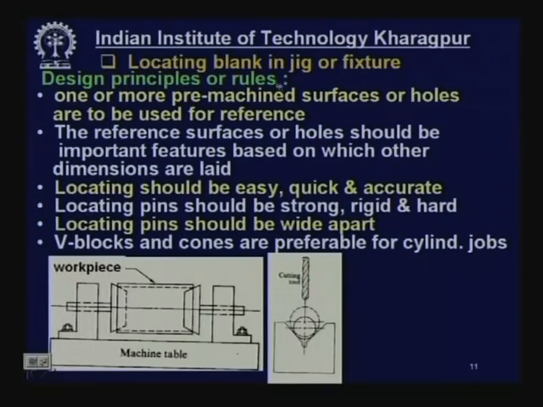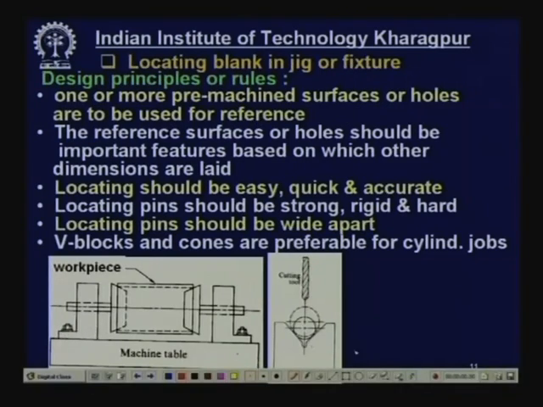Now, locating a blank in a jig or fixture: design principles, or the rules for locating. One or more pre-machined surfaces or holes are to be used for reference. That means, suppose here is a block. First of all, it is produced by casting or forging or something, so all the surfaces are irregular.